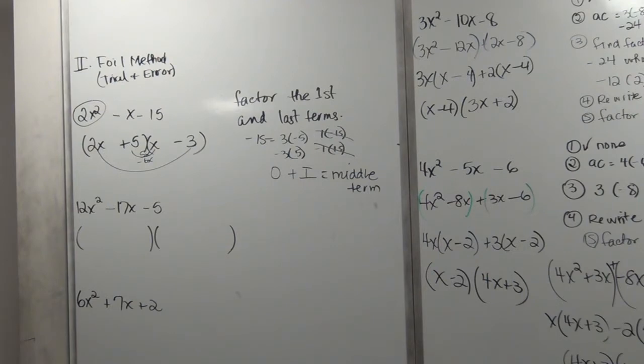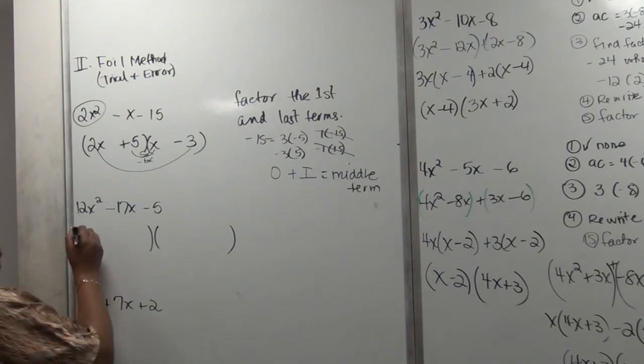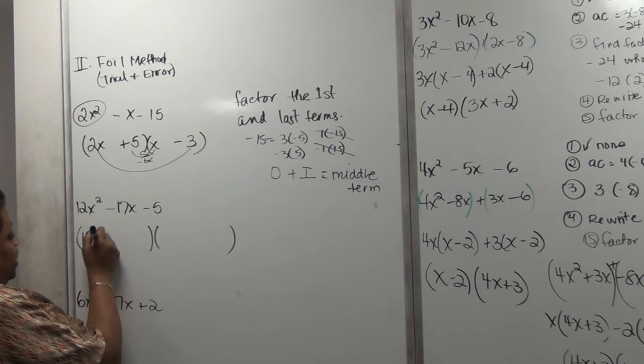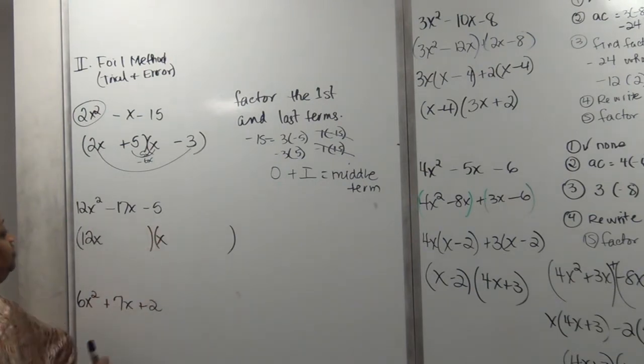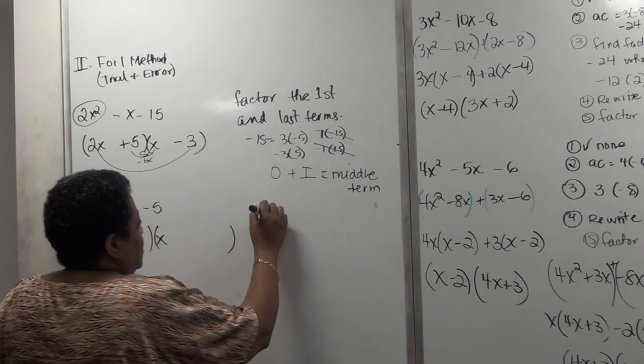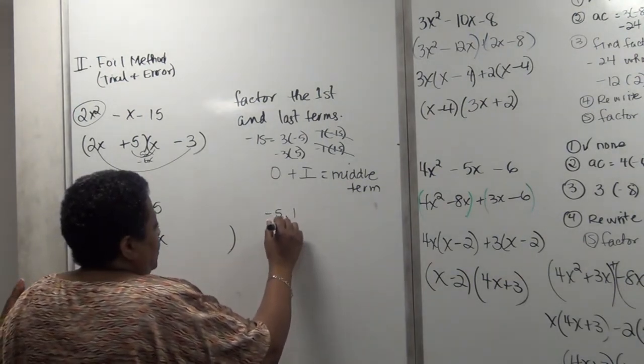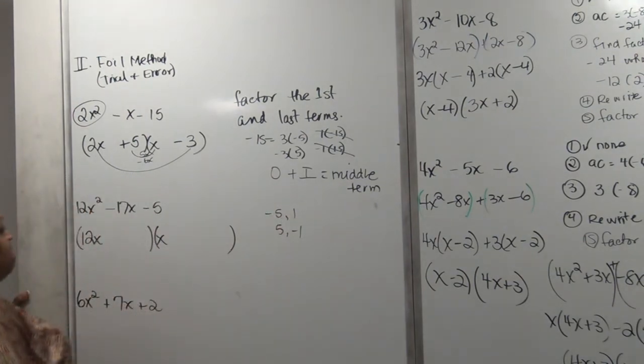Okay, so now, which factors are we going to use for 12? 2 and 6, 4 and 3, 12 and 1, which one? 12 and 1. She said 12 and 1. So 12x and x. And the factors of negative 5 is only 1, so the only way we can go is minus 5 and 1, or 5 and a negative 1.